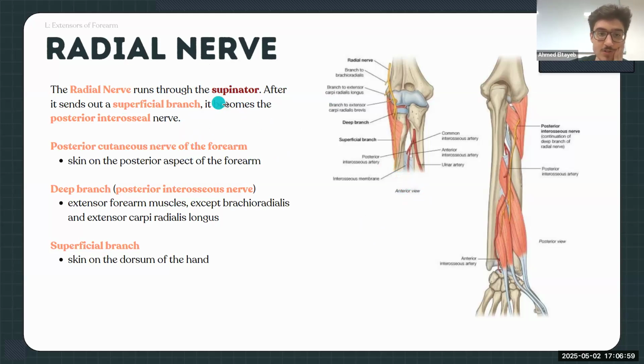And it's also going to become the posterior interosseous nerve, the deep branch, which is going to innervate all of the deep extensor muscles and the forearm muscles in general. The superficial branch is going to go to the hand and innervate the dorsum. The posterior cutaneous nerve is responsible for the cutaneous innervation of the posterior aspect of your forearm.